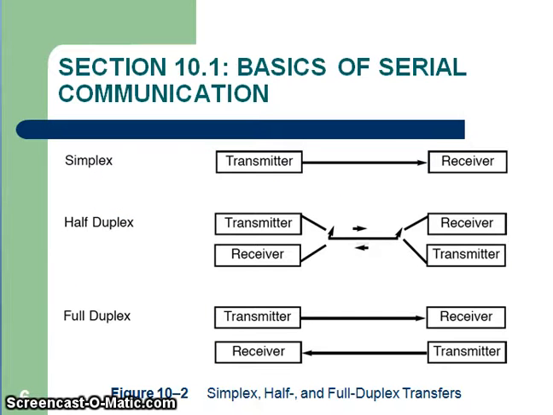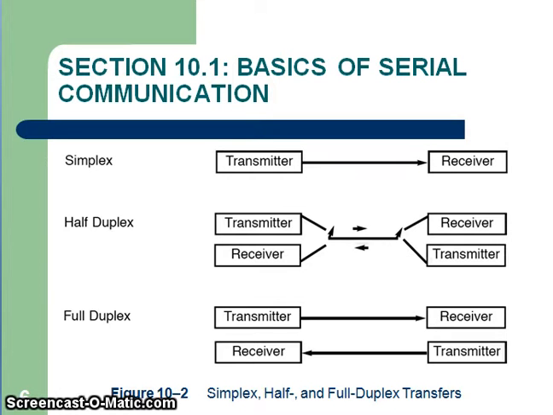Now, an important topic when you're making a serial or a parallel communication: the data transfer between a transmitter and receiver may be one way or two-way communication. If the data is transmitted from a sender to the receiver on only one way of communication, then it is called simplex.